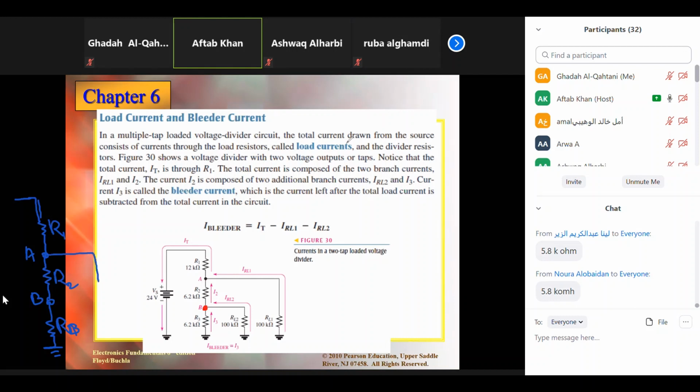So I simplify the circuit. I calculated RB. So how much is RB, as you said? 5.8 kilo ohms. Okay, 5.8. So RB is equal to 5.8 ohm or kilo ohm? Kilo ohm. Okay. Is it clear how I got this circuit in step 1?